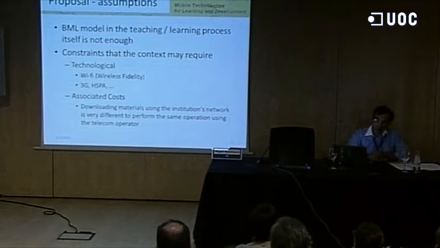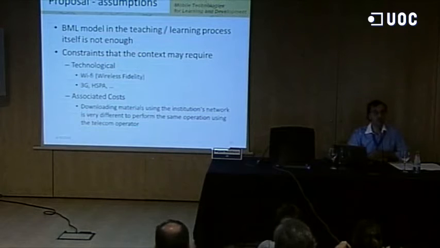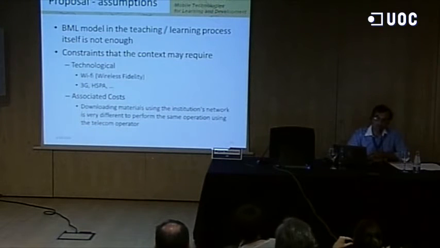Then technological problems. As you know, it's different to download content in a school network or to download content from telecommunications operators. Why? Because you have associated costs. If you use 3G or something like that from telecommunications operators, it's expensive for the students. And our main proposal is that it's free for the student.